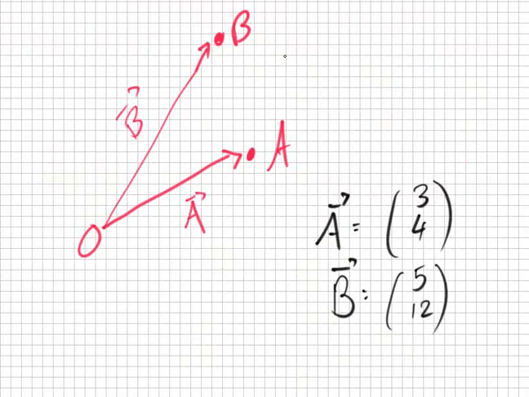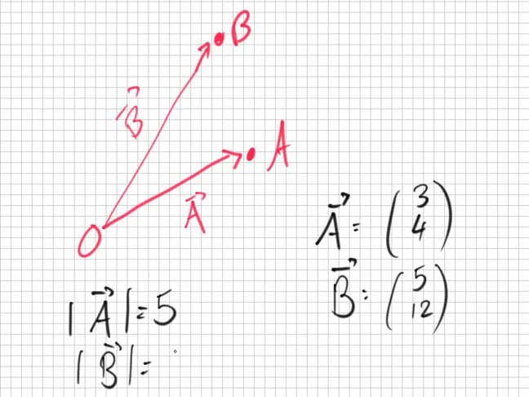I would like to know, just as a small example, what is the magnitude of vector A here? Well, what would it be? Square root of 9 plus 16, square root of 25, so 5, right. And you can see what the B will be? 13, yeah.